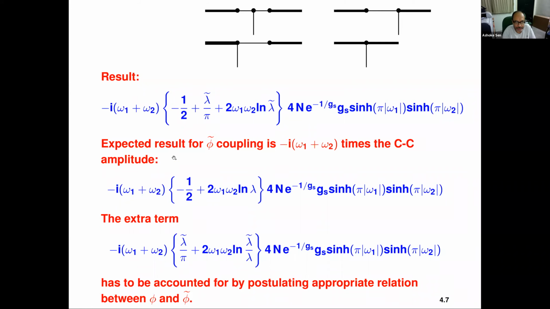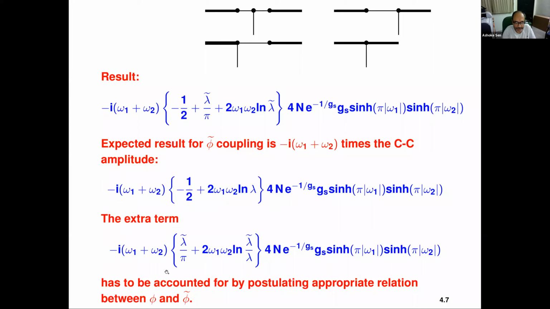And now we see that these two are not the same. Minus half is fine. There is an extra factor of lambda tilde over pi. And here you have a lambda tilde. What was lambda tilde? Lambda tilde was lambda times alpha, whereas here you have lambda. So this means that there is an extra piece we have in the CC phi amplitude. That's here.